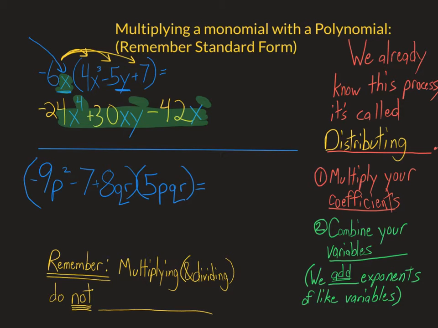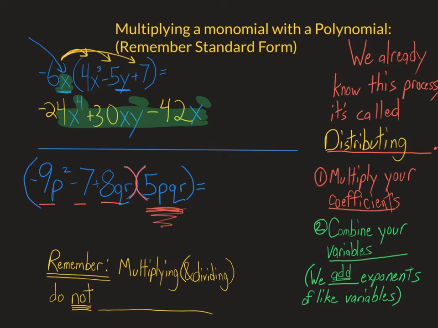So let's do this second problem. Now, notice here, the distributing single monomial is on the back. That's perfectly fine. It doesn't change anything. There's no difference between problem number 1 up top and number 2 here. The parentheses tell us that these two have to multiply. And if they're multiplying with each other, and there's 3 things in here to multiply, there has to be 3 arrows, and we're going to do multiplication 3 times.